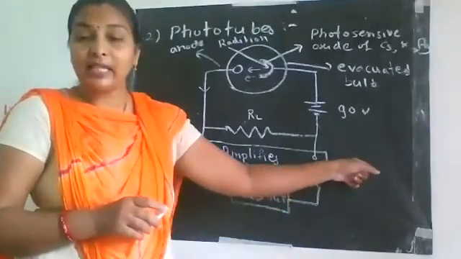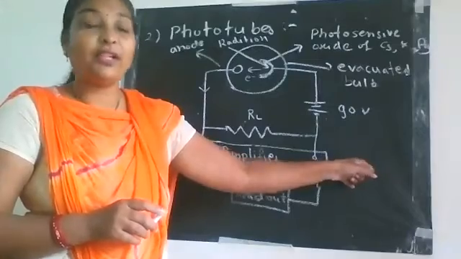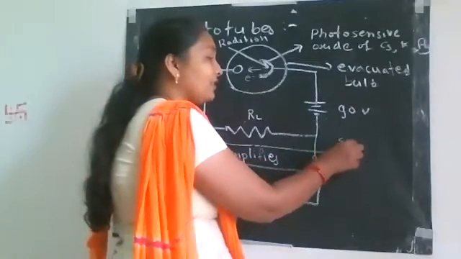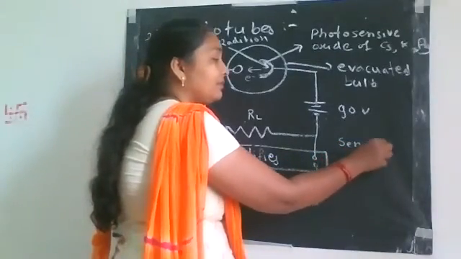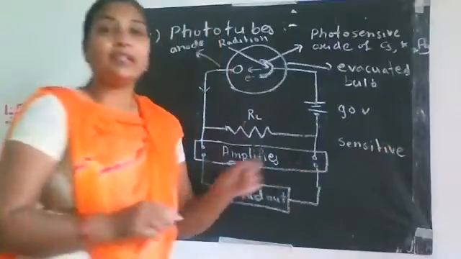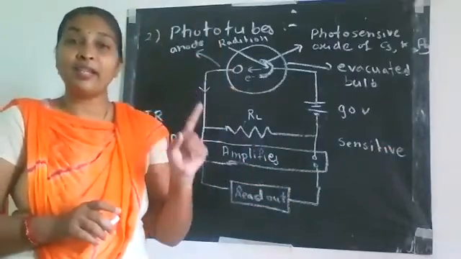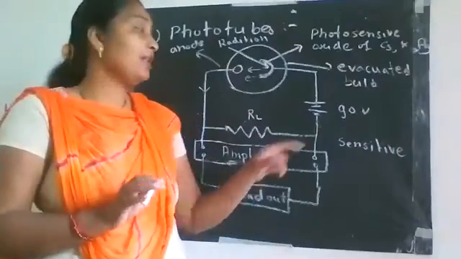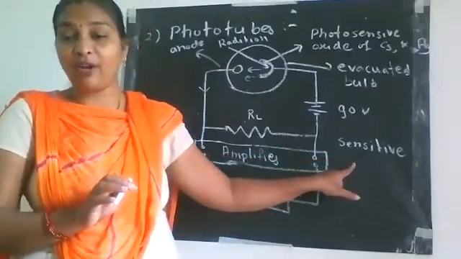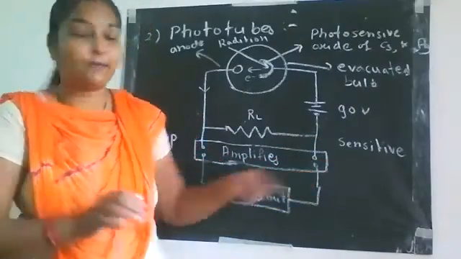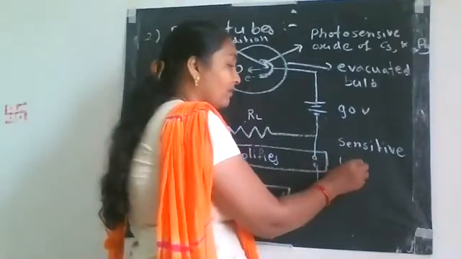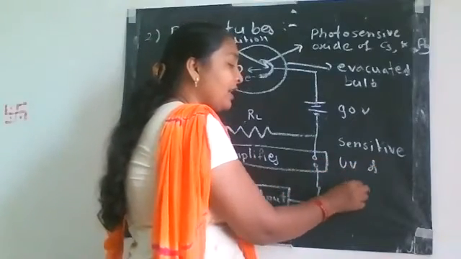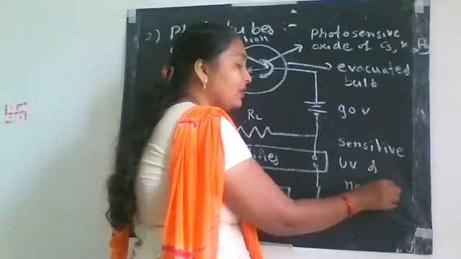See, this is its sensitivity. Photovoltaic cell was sensitive for the visible region. Just like that, this is also sensitive for the UV and IR, near IR I will say, near IR region.